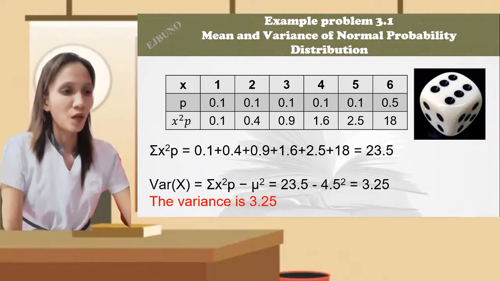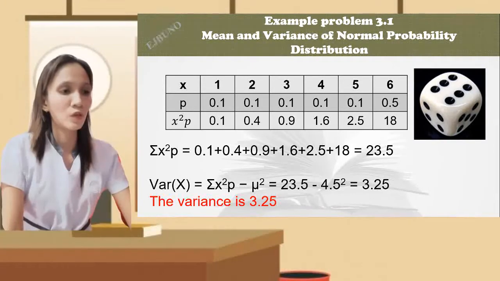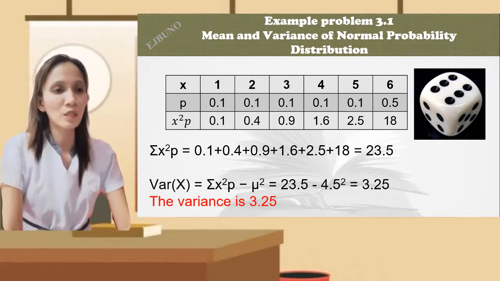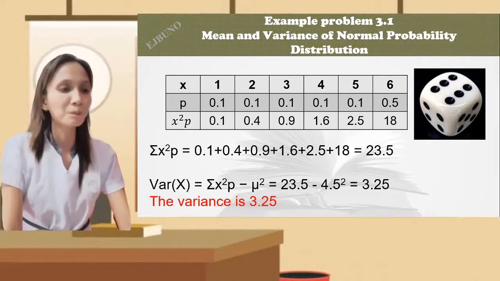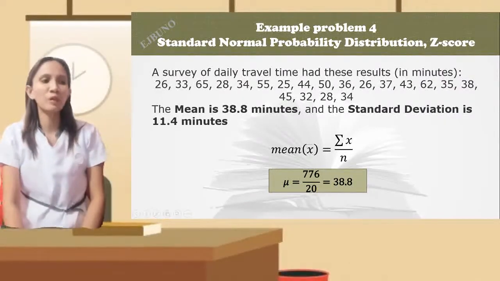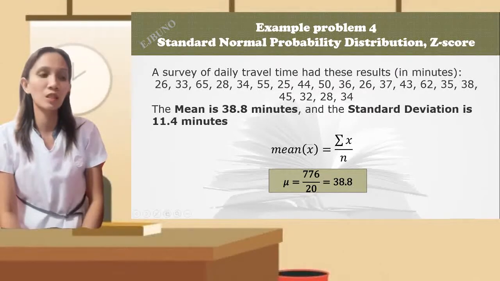Our example number 4 for the standard normal probability distribution is the z-score.